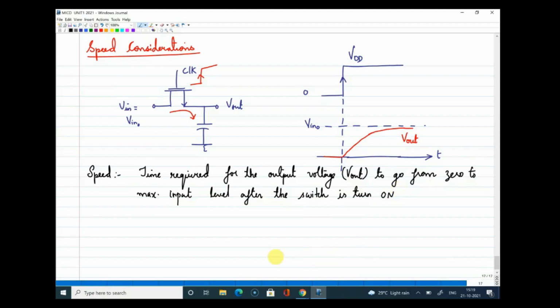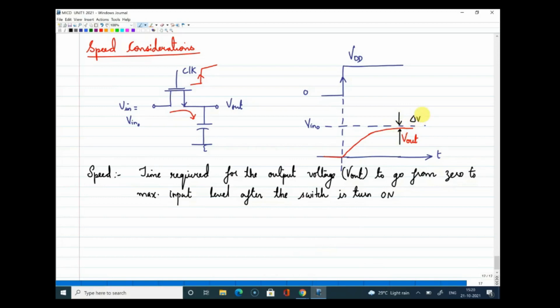Since we know that it always depends on the time constant, it will take a long time to settle to the final value. What we often do is consider that the output is settled when it is within a certain error band. So now look at this waveform here. You can see that this is some voltage.